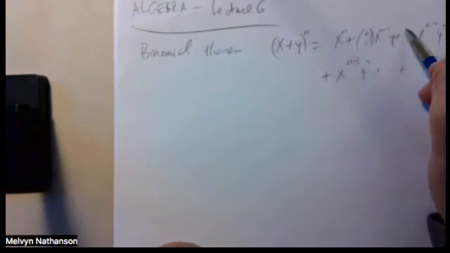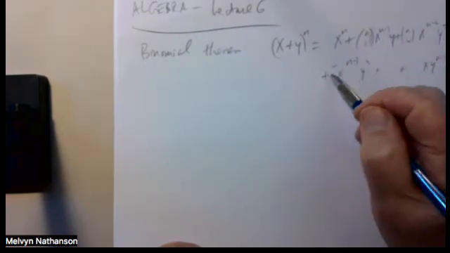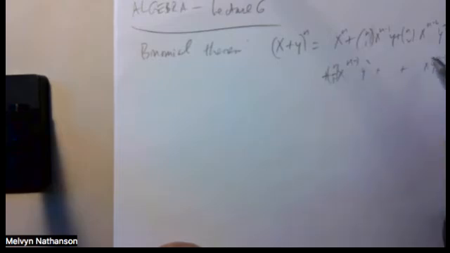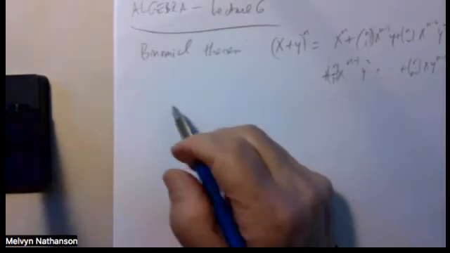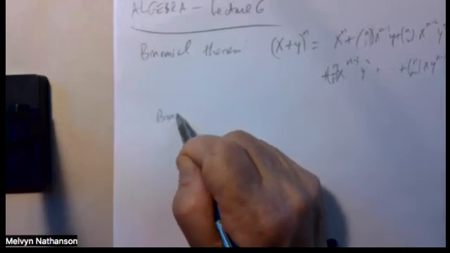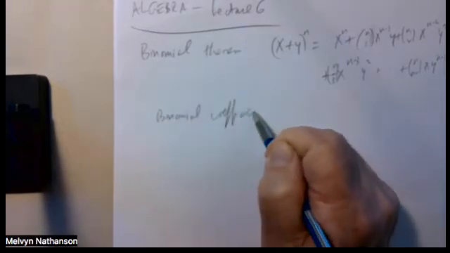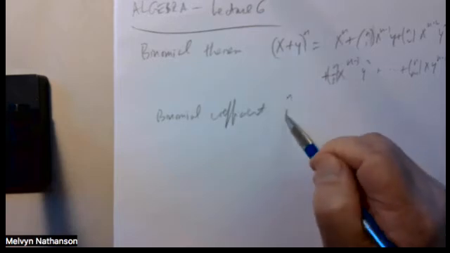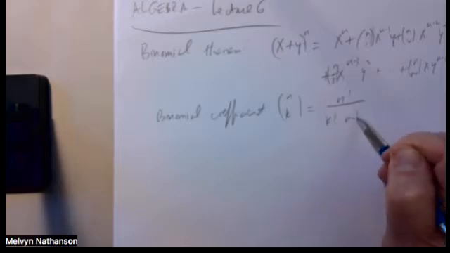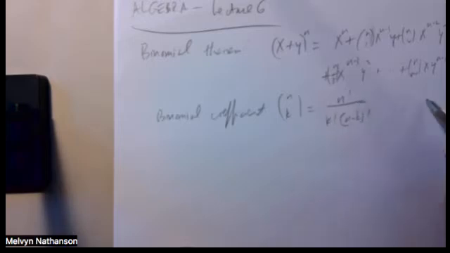I'll write these as n over 1, n over 2, n over 3, n over n minus 1, and so forth. We have the binomial coefficient n choose k, that's the way it's read, which is n factorial over k factorial times n minus k factorial, as k goes from 0 up to n.